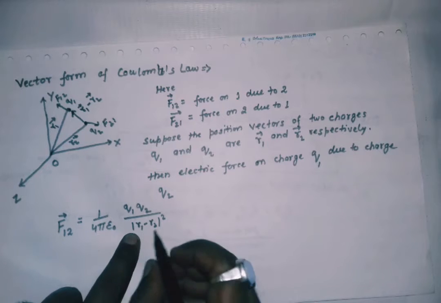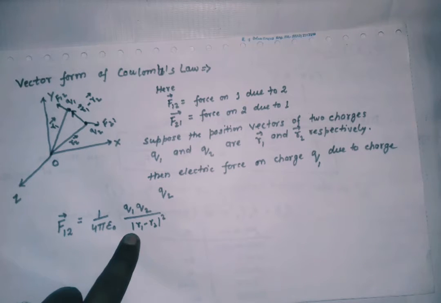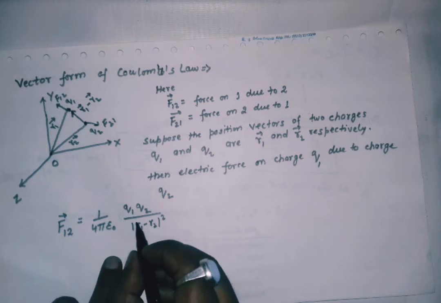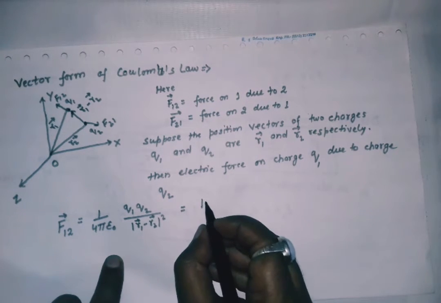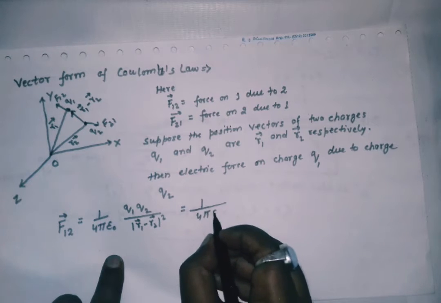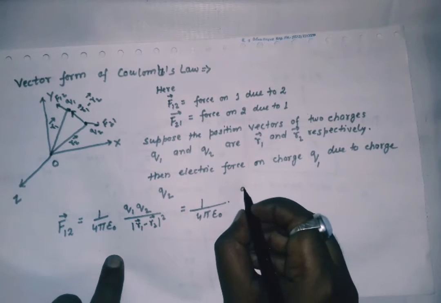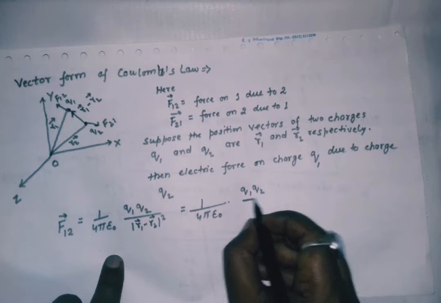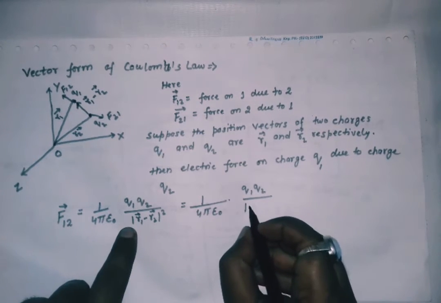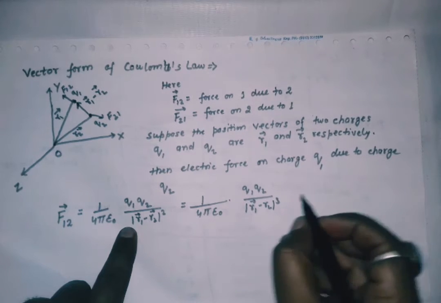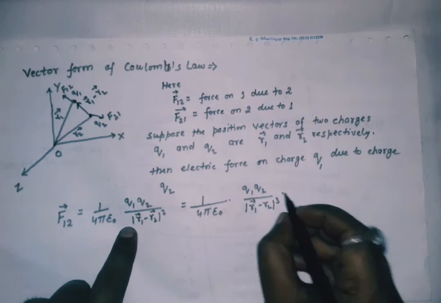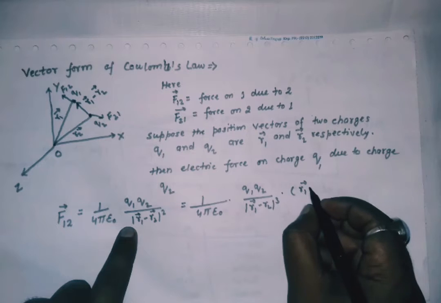Now multiply numerator and denominator by r1 minus r2. This becomes 1 upon 4 pi epsilon naught q1 q2 divided by the modulus of r1 minus r2 to the power 3, into the vector r1 minus r2.